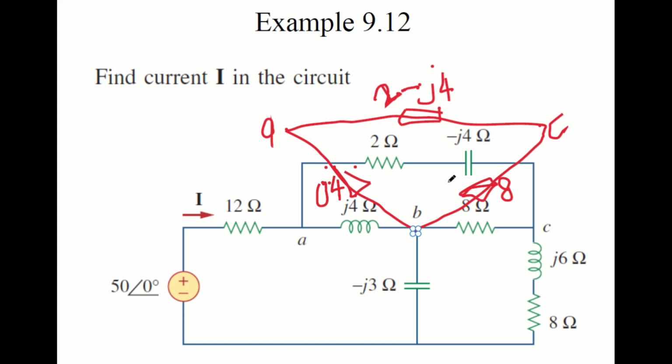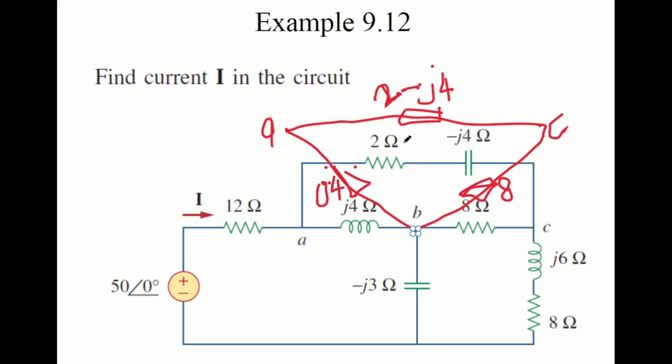So basically it represents a delta circuit over here. To make it easier to analyze this circuit, because the question asks to find the current I over here.